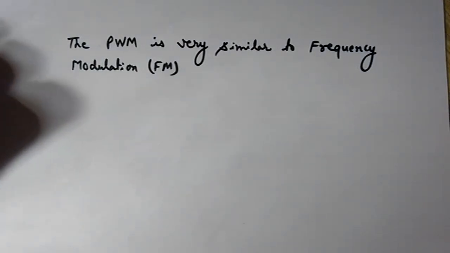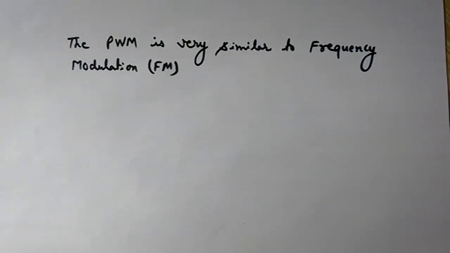Because as we know that in FM the frequency of the carrier wave varies as per the modulating signal, and the frequency is nothing but simply the inverse of the time period.